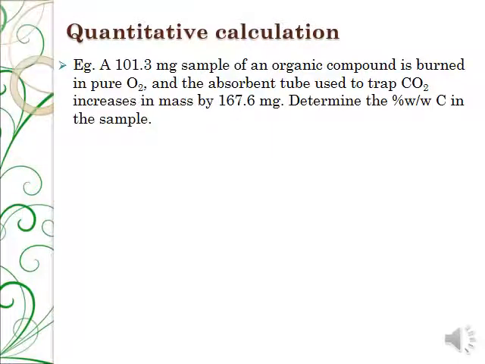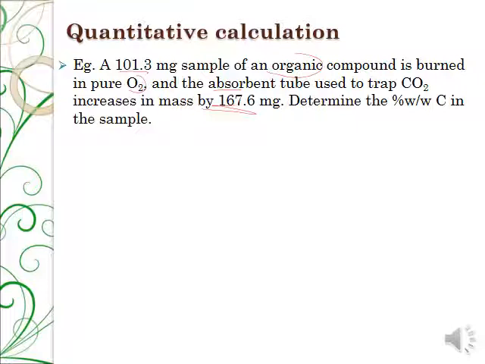Now let us look at a quantitative calculation involving volatilization gravimetry. We have 101.3 milligram of sample, an organic compound, burned in pure oxygen, and then the absorbent tube used to trap the carbon dioxide increased in mass by 167.6 milligram.